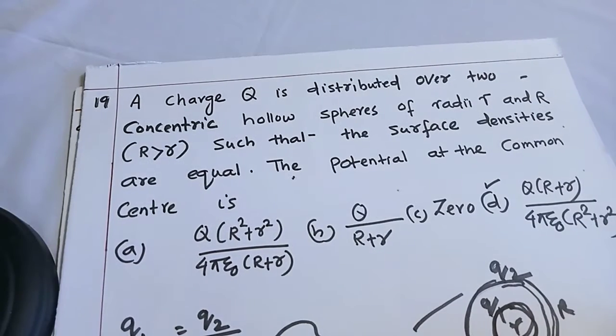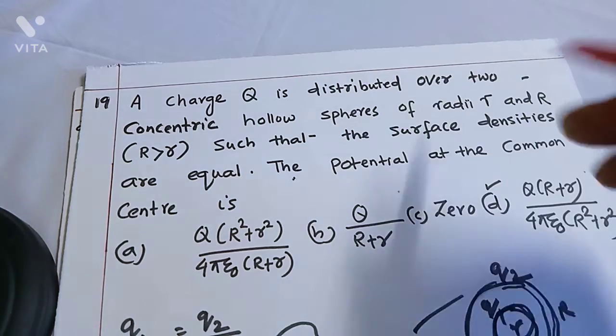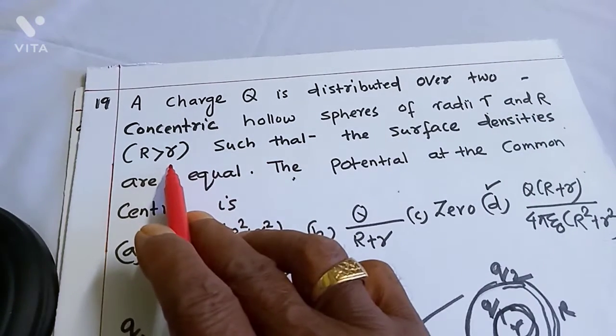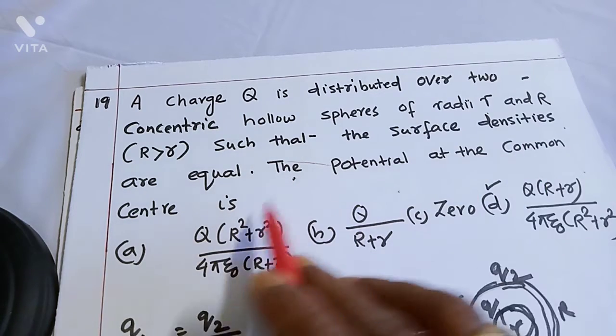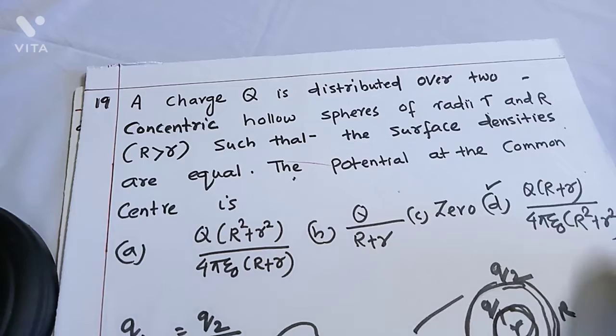Next question. A charge Q is distributed over two concentric hollow spheres of radius small r and capital R greater than small r, such that the surface densities are equal. The potential at the common center, you have to find out.